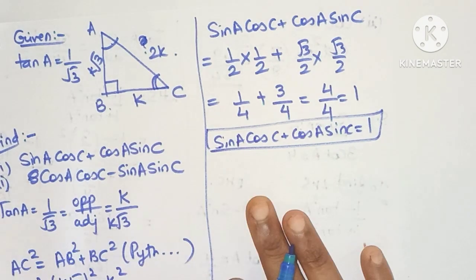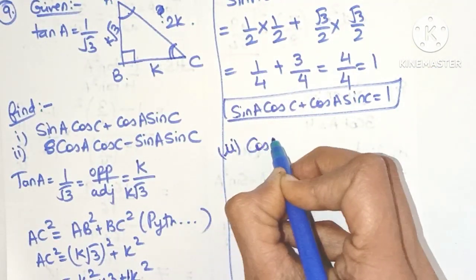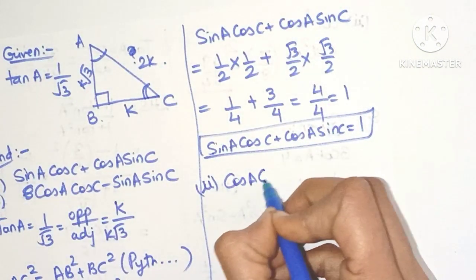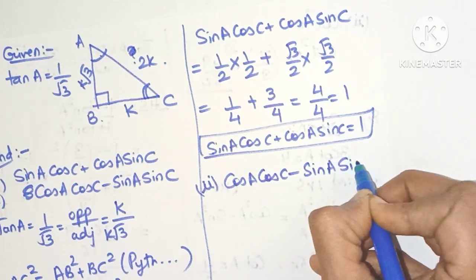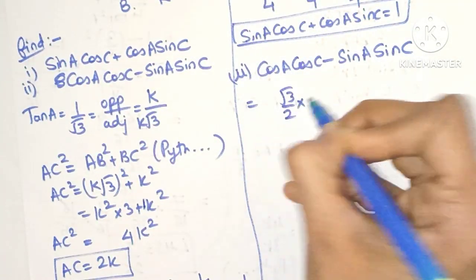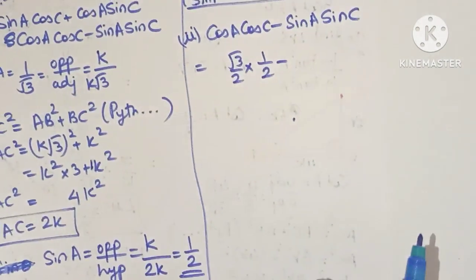Now the same way you need to do the second part. The second part will be easier because I already have all the ratios in hand. So I just need to substitute carefully. Okay. Now cos A. Cos A means, yes, it is square root of 3 by 2. Cos C is half, minus what is sine A?